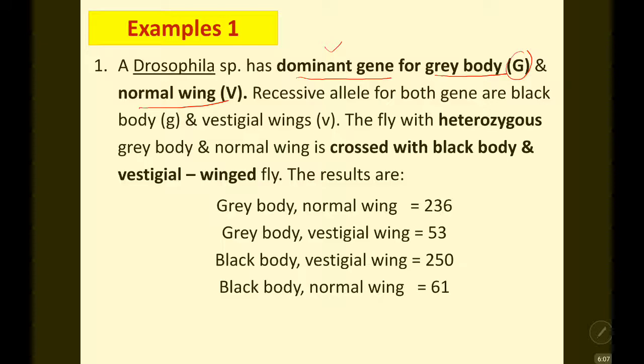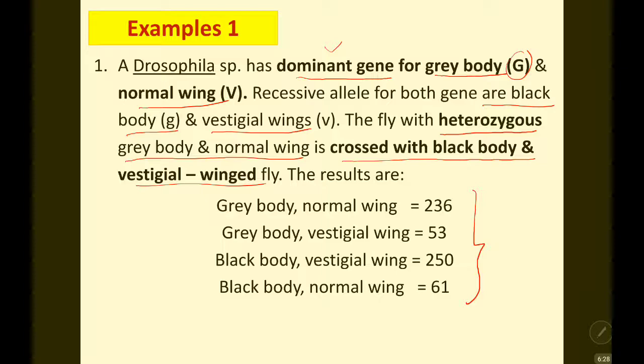The recessive alleles for both genes are black body and vestigial wings. The fly with heterozygous gray body and normal wing is crossed with a black body and vestigial wing fly. They gave the following results here.